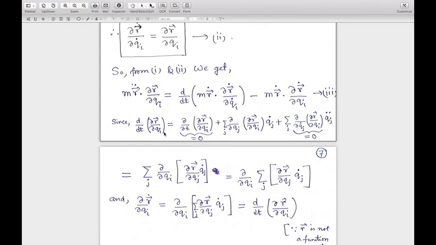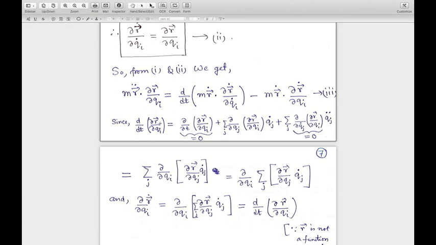We have to prove d/dt of ∂r/∂qi. So d/dt of ∂r/∂qi, you just expand d/dt. Now this will be ∂/∂t plus summation over ∂/∂qj times q̇j, and also summation over ∂/∂q̇j times q̈j.